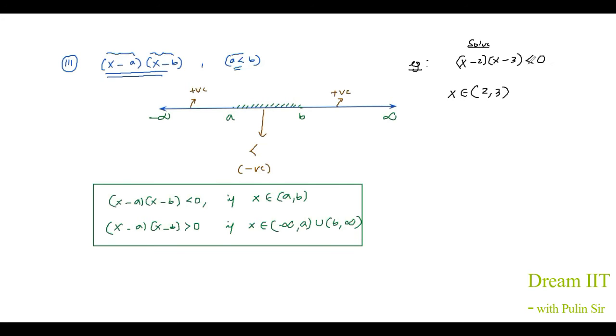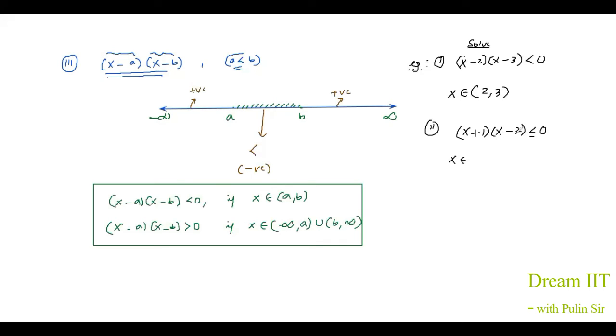Am I clear? Had it been equal, suppose this is number one, very quickly, I have told you, suppose I am giving you this, (x plus 1)(x minus 2) less than or equal to 0, this time. Then where will this lie? Less than or equal means these points are to be considered because they will make it 0. So here, what is the smaller one?